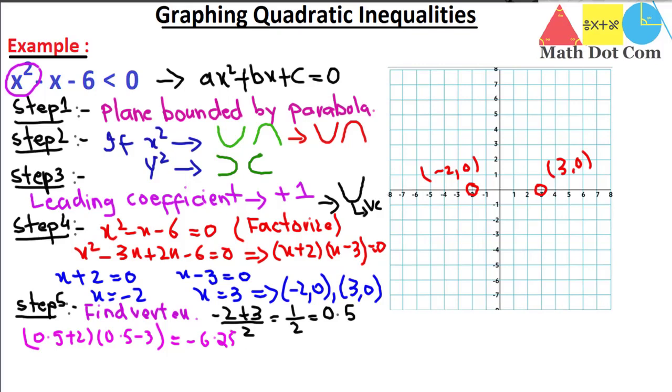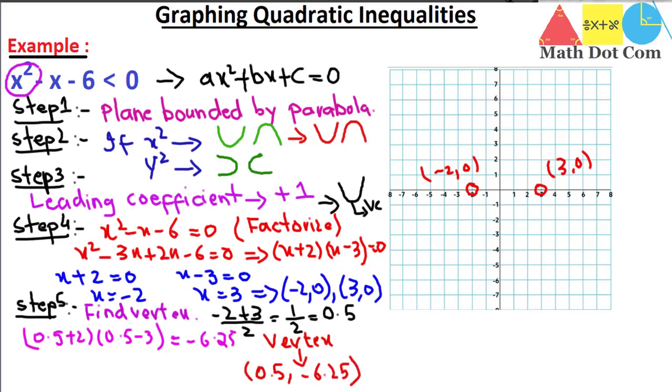So this is the y value of the vertex. So our vertex here, I'll write it in red, with x and y will be (0.5, −6.25). So this is the vertex.